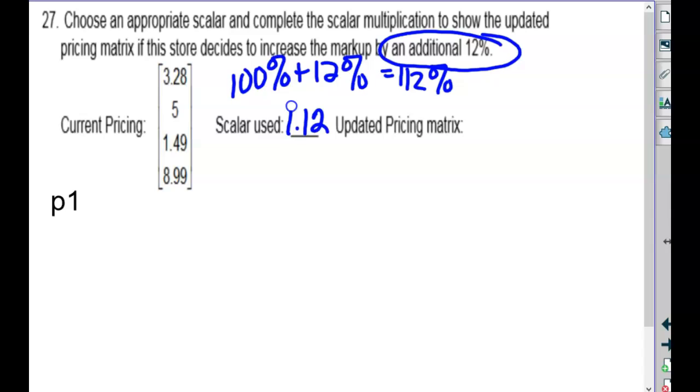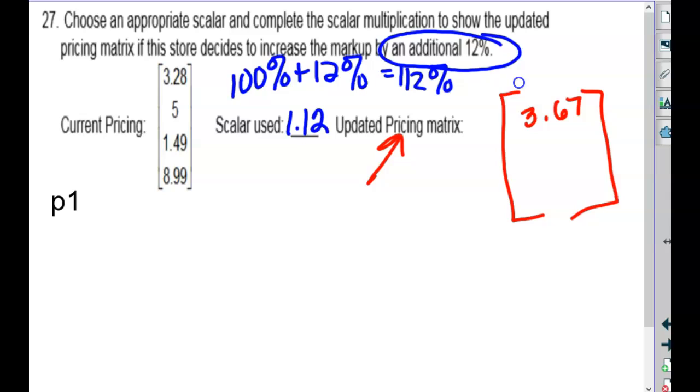Now, I wrote this as a note on some of your quizzes. How do these have to be rounded to get full credit for this question? Yes, to the nearest hundredth. I'm not going to bother to put it into a matrix because you know me and that silly calculator. I'm going to go 3.28 times 1.12, and then round that to 3.67 and throw away the extra part.